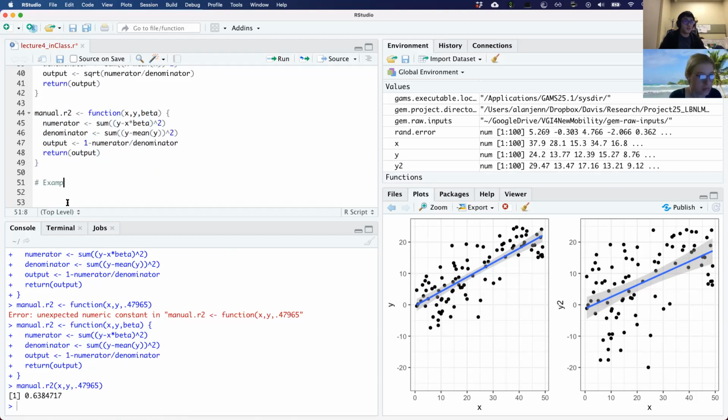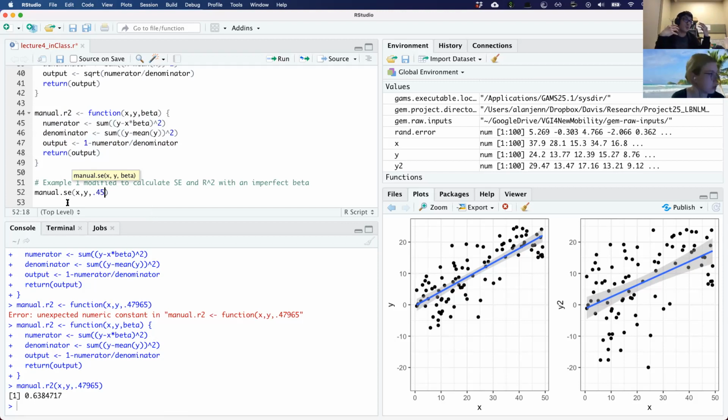So what I'm going to do is I'm going to use the model from example 1, modified to calculate SE and r² with an imperfect beta. Okay, so let's take a look. And I'm just going to make up a value. I'm going to say 0.45.